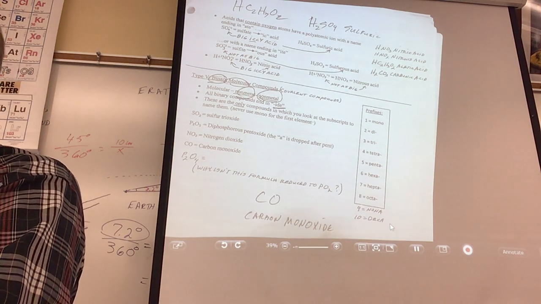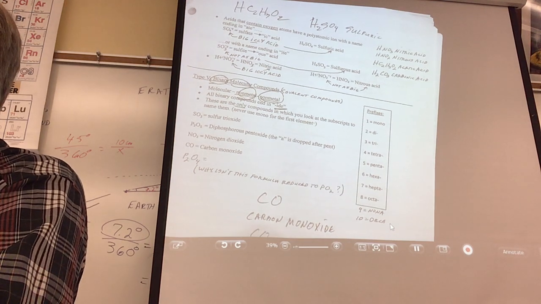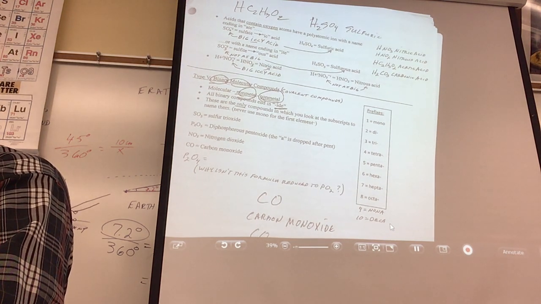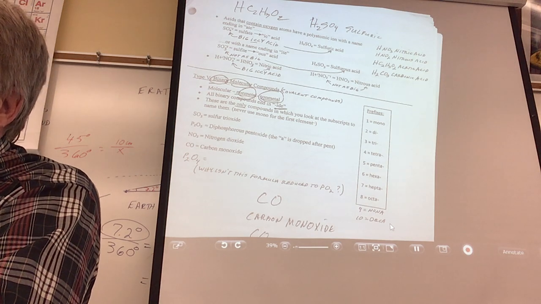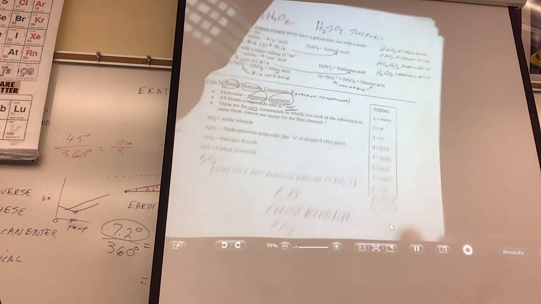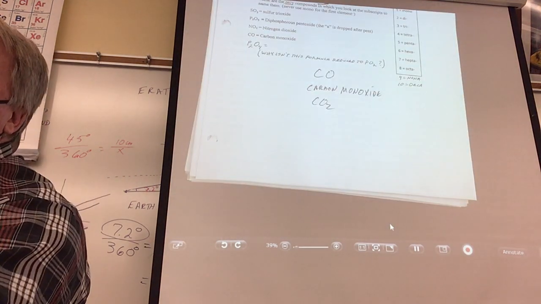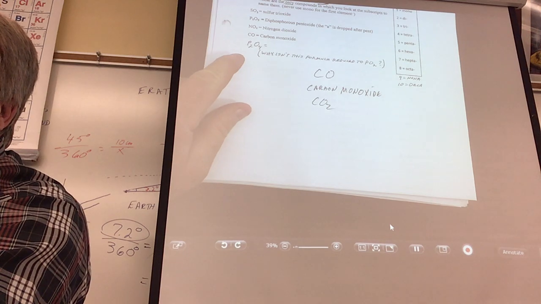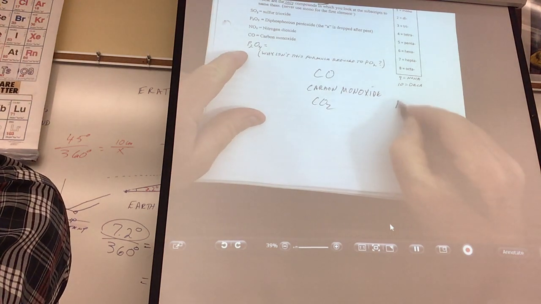Monoxide. Okay? How about this guy? Or this guy? Carbon. How many oxygens? No, carbon dioxide. Now, you know why you don't want to teach this until last? Because you'll be doing something like this.